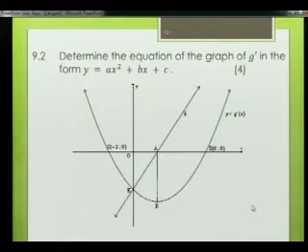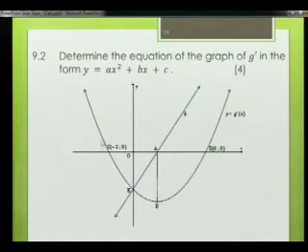My second question. Determine the equation of the graph of g prime in the form y equals ax squared plus bx plus c. So this time around, I'm zooming in on that parabola, and I need to see what information I have. I have a root there, and I also have a root here. So I have two roots.